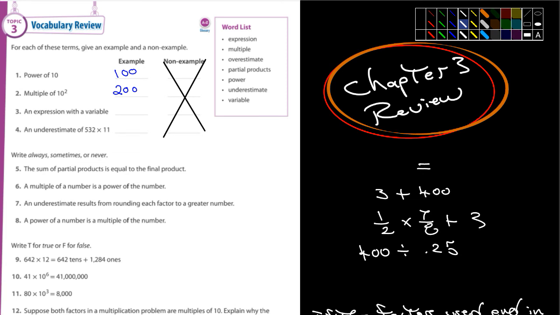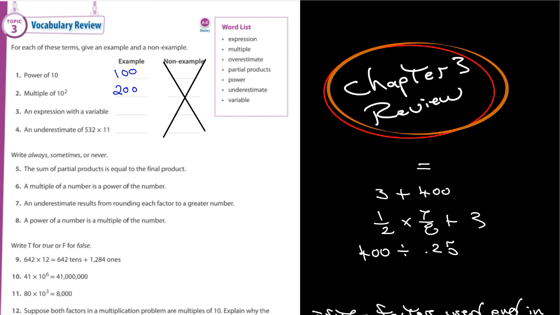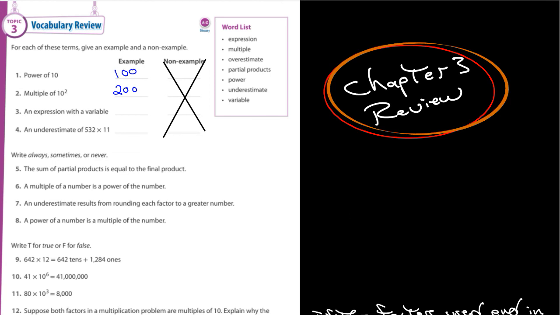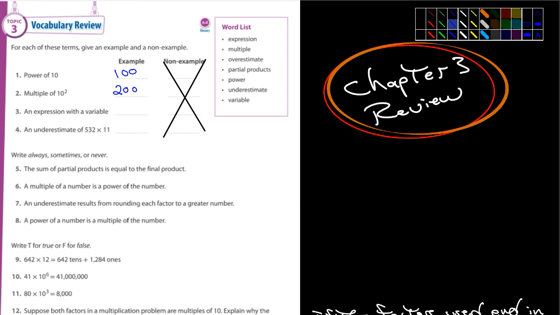And I'm not going to talk about variables or a variable. You guys should know what that is. And so you write an expression with a variable. And then, let's see here, an underestimate of 532 times 11. Well, I want to help you with that one here.